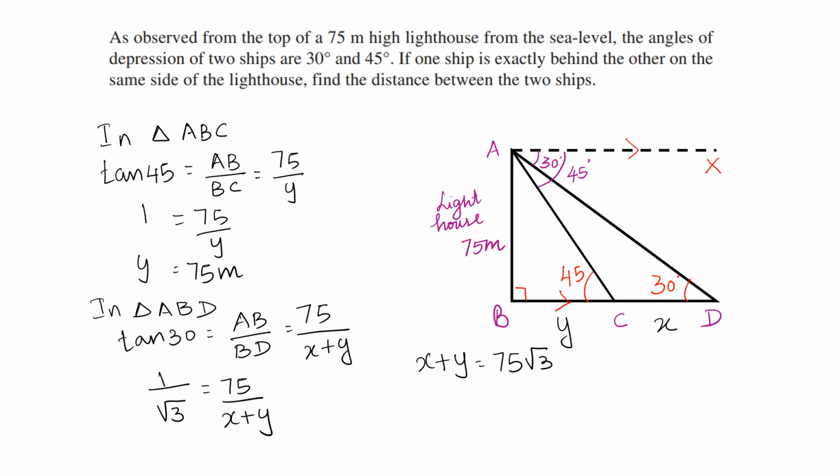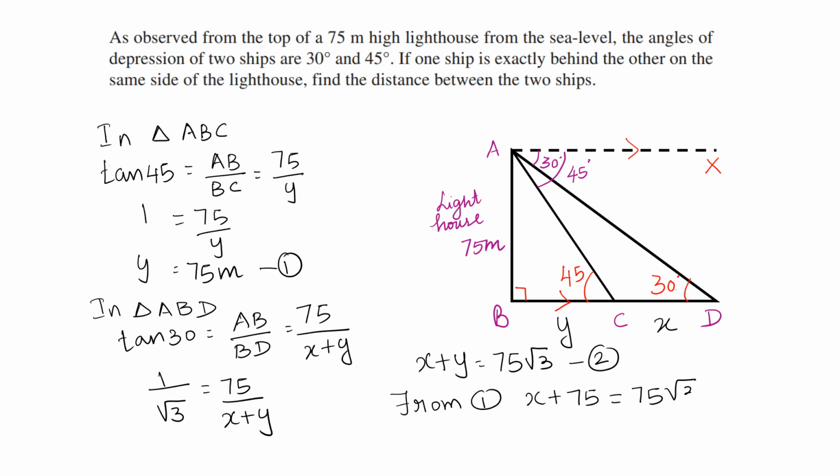And you know this Y equal to 75 meter, apply it here, right? Apply Y from equation 2. Now I am going to write from equation 1, X plus 75 equal to 75 root 3.